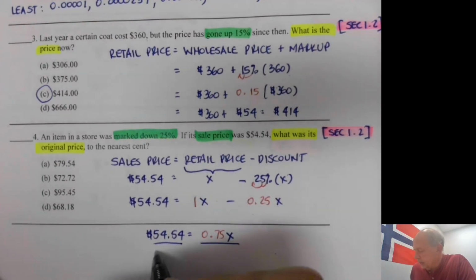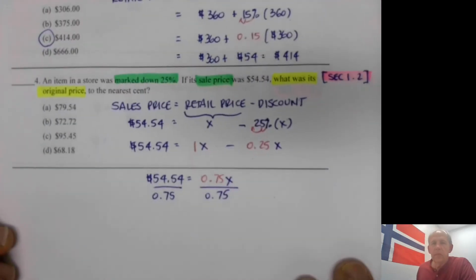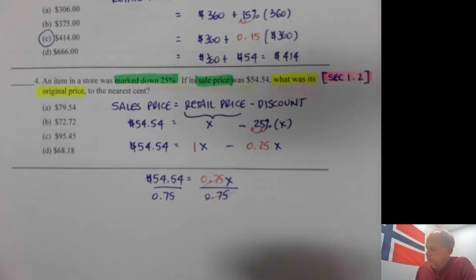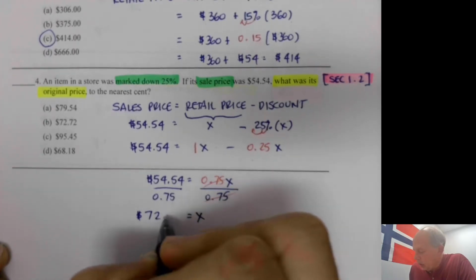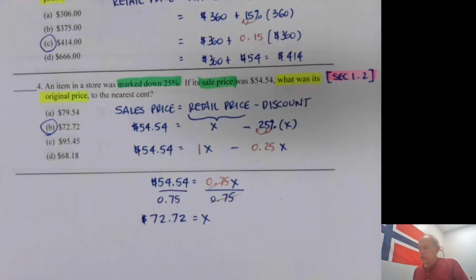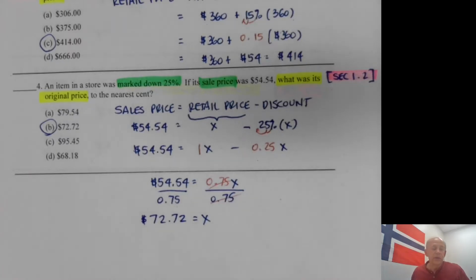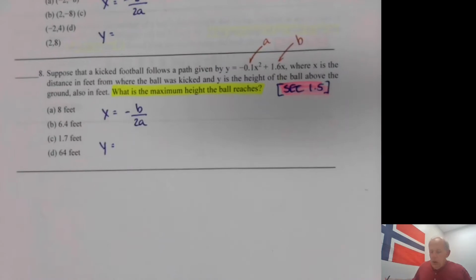Then to knock this guy out, divide by 0.75. Cancel, cancel. So my X value, the original price of the item, was 72.72. My answer, choice B. There's what you have for that one from start to finish. Again, it all starts out with the right formula. On to the next problem.